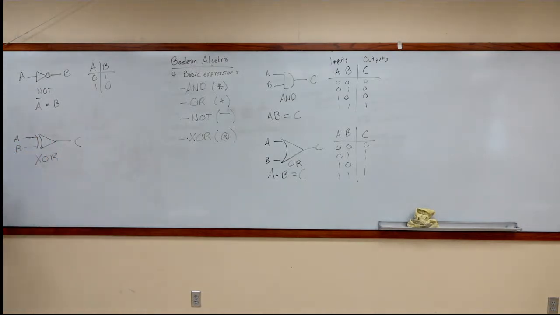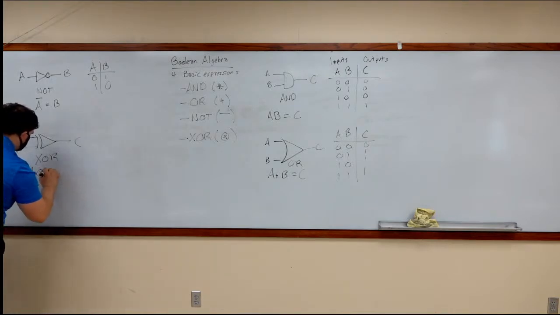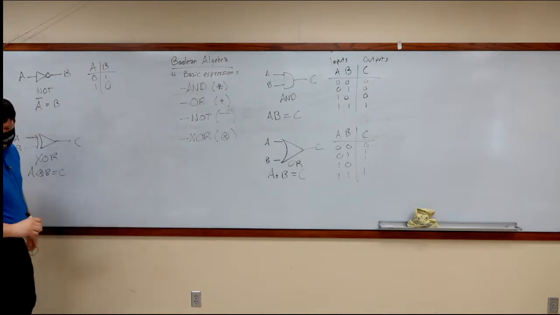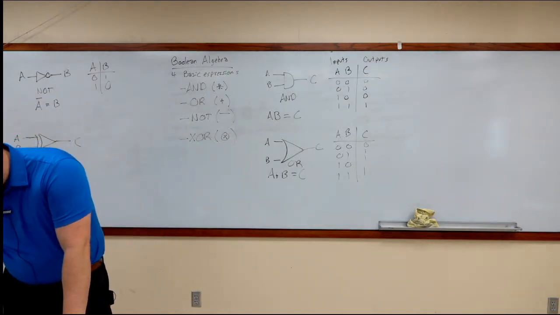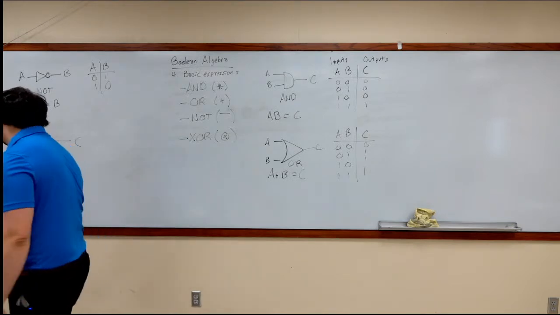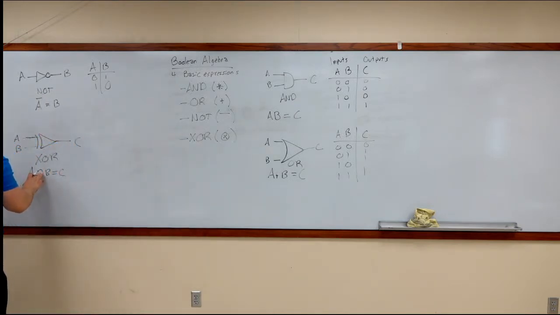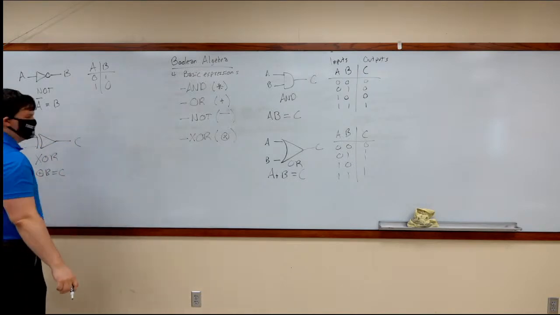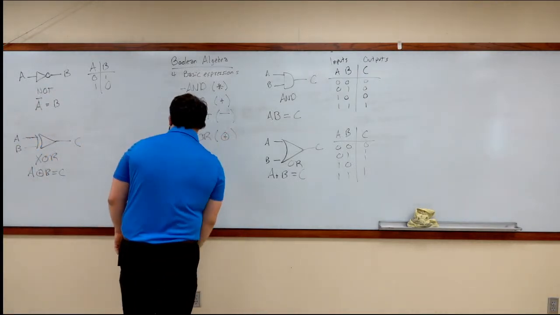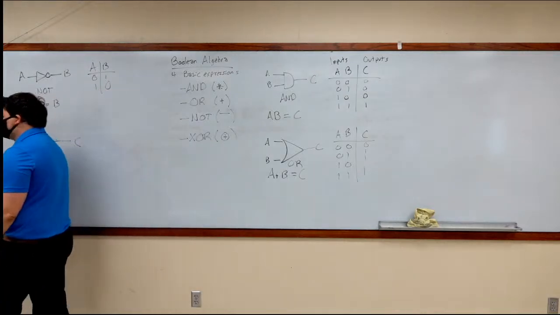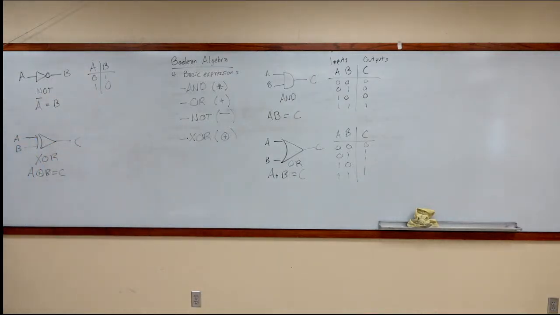The representation of this is A circle cross B is equal to C. Or I guess it's a circle plus, not a circle cross. We don't use this very often. My apologies. Well, that's two mistakes in one lecture. Sadness.